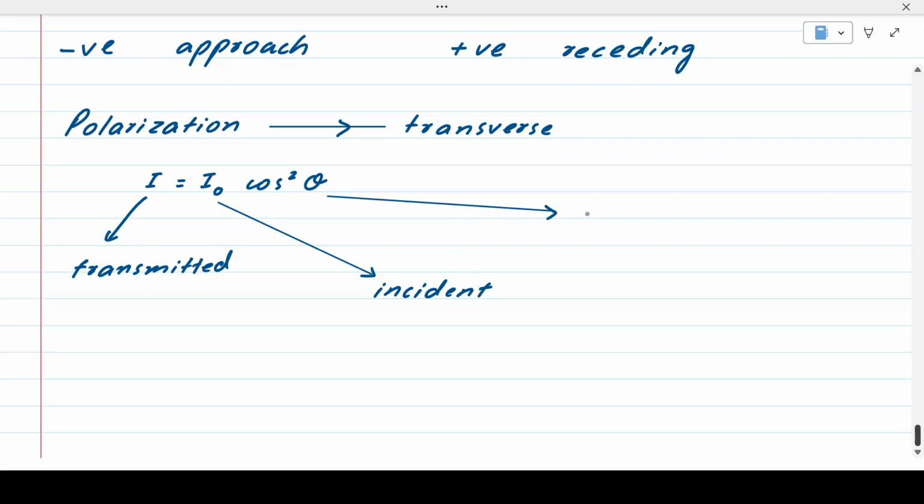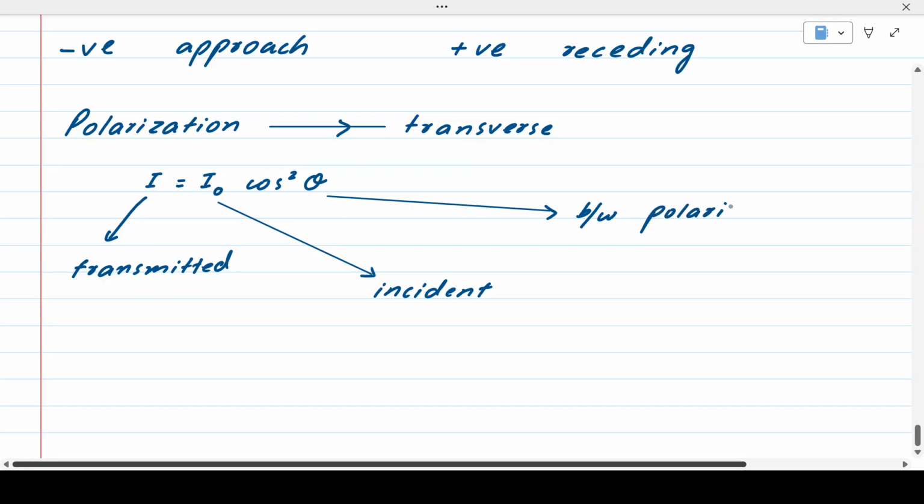Theta is the angle between the transmission axis of polarizer and analyzer. Analyzer means the second polarizer.